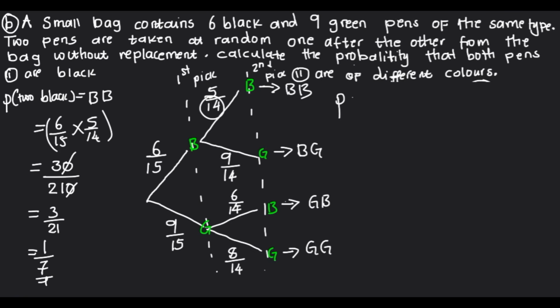So we'll say probability of different colors. So this is what we are going to say. Then we'll get B, G plus G, B. Okay, let's look at the first one. The first one, our B is 6 over 14.